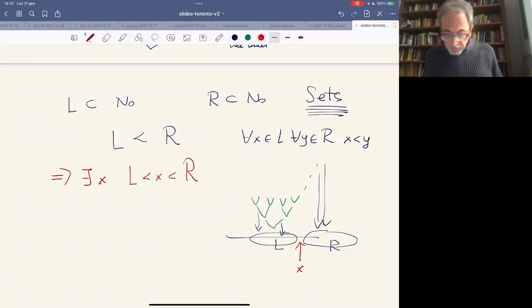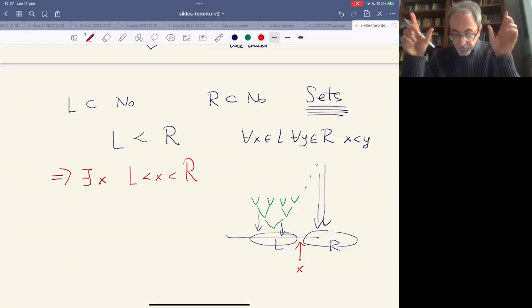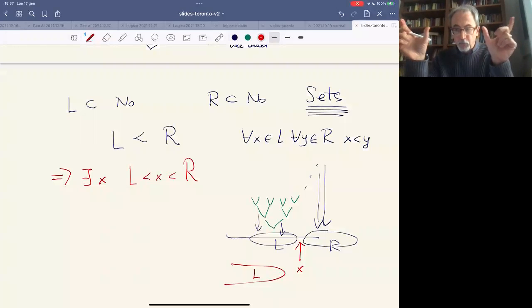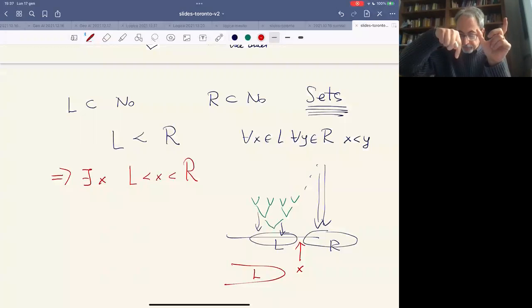Of course, L and R cannot be allowed to be classes. Otherwise, you could take R just the complement of L, and there will be nothing strictly in between. But if they are sets, there will always be room to stick something in between.